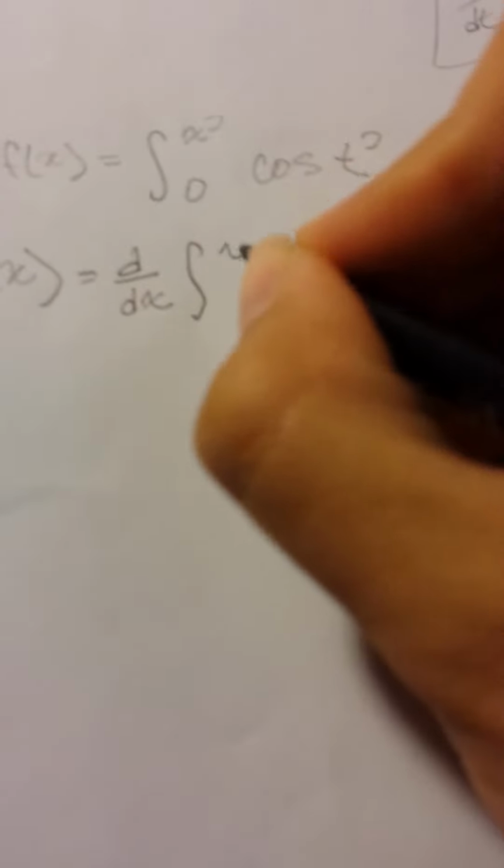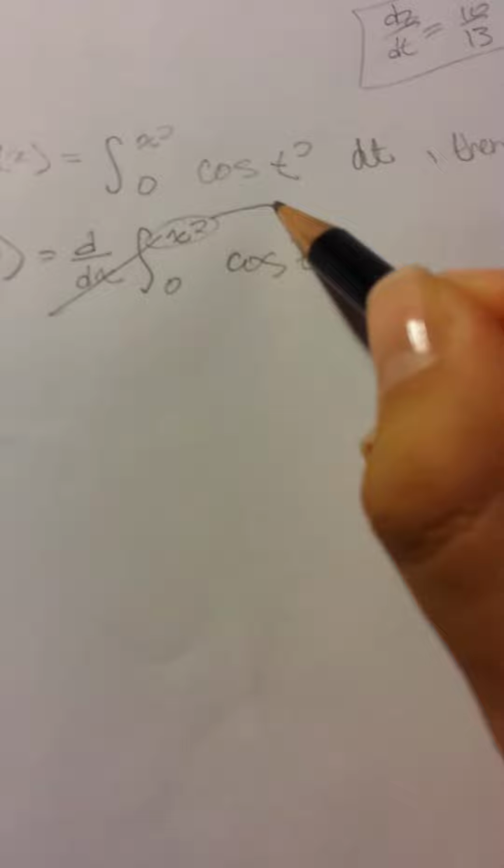When you take the derivative, the dx cancels out the integral. So this is canceled, and what you do is you plug in this x squared for your t.